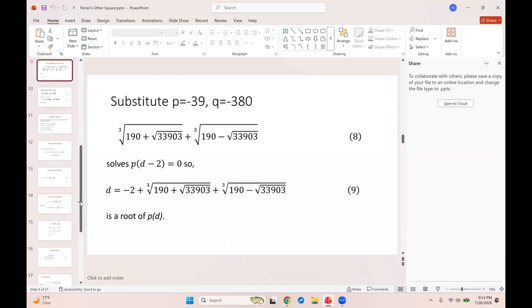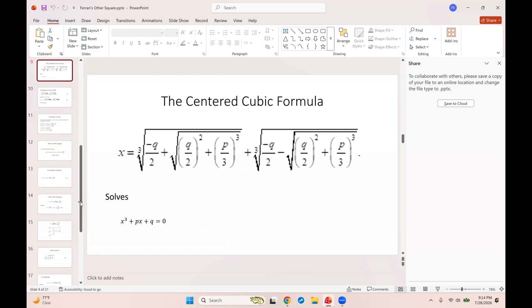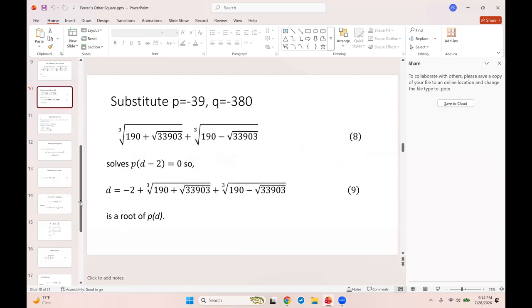So there is a rather famous formula that is in Ars Magna. This is an equivalent one that I've constructed here. If you have a reduced cubic, you get one solution by substituting in the values for P and Q. When you use -39 and -380, that works out to be the sum of the 2 cube roots that I'm showing you in equation 8.